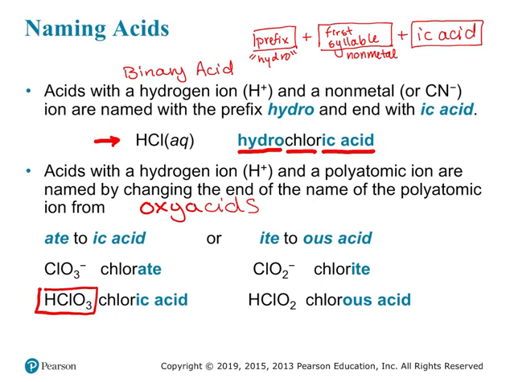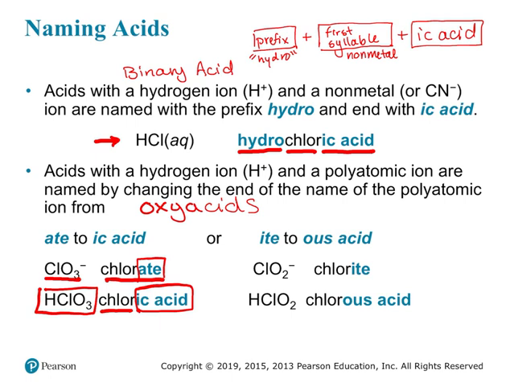ClO3 is called chlorate. If the ending is ATE, we're going to name the acid using the first part of the polyatomic ion name, followed by ic acid.